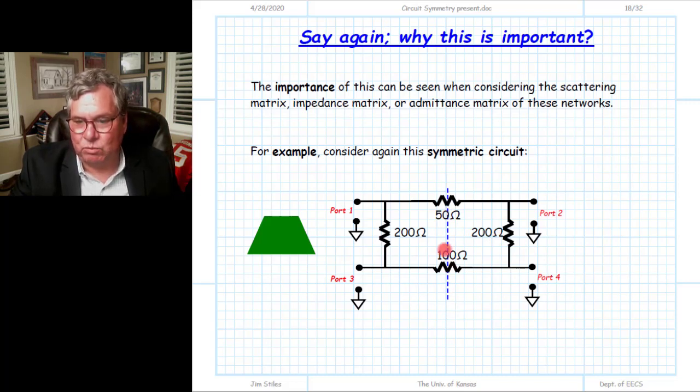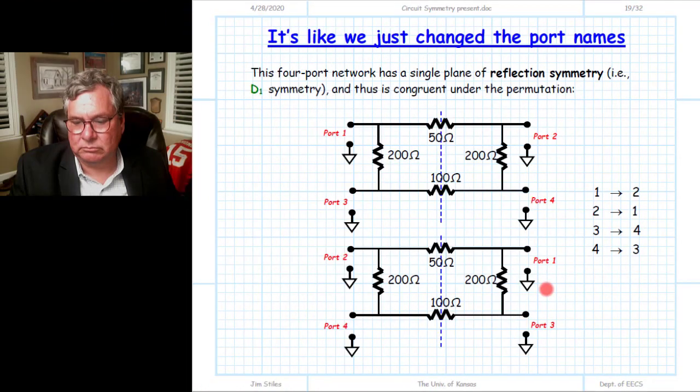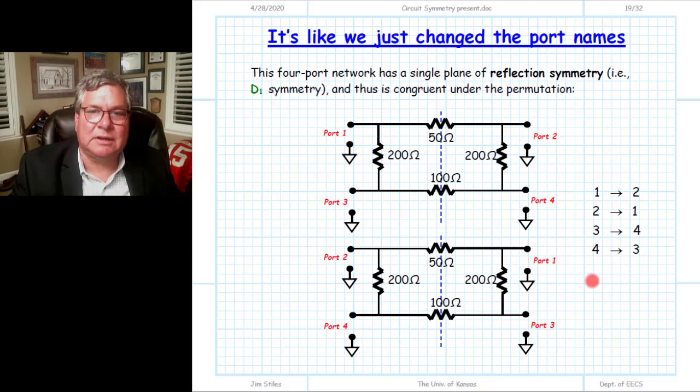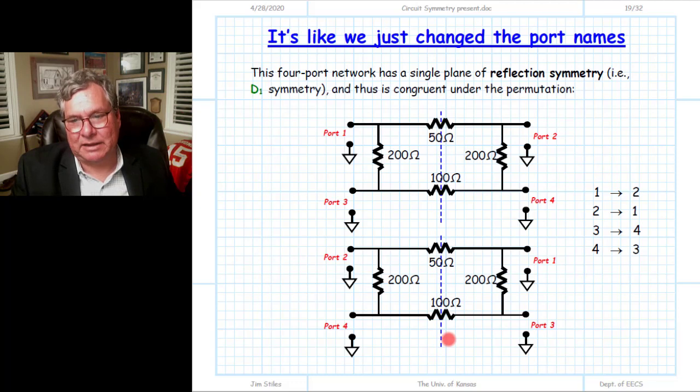And so that results in one plane of bilateral symmetry, like the isosceles trapezoid. So the group that describes this symmetry has an order of two different operations under which the circuit is congruent. One of them is identity, which is very interesting. So let's look at the other operation, which is the reflection across the plane of bilateral symmetry.